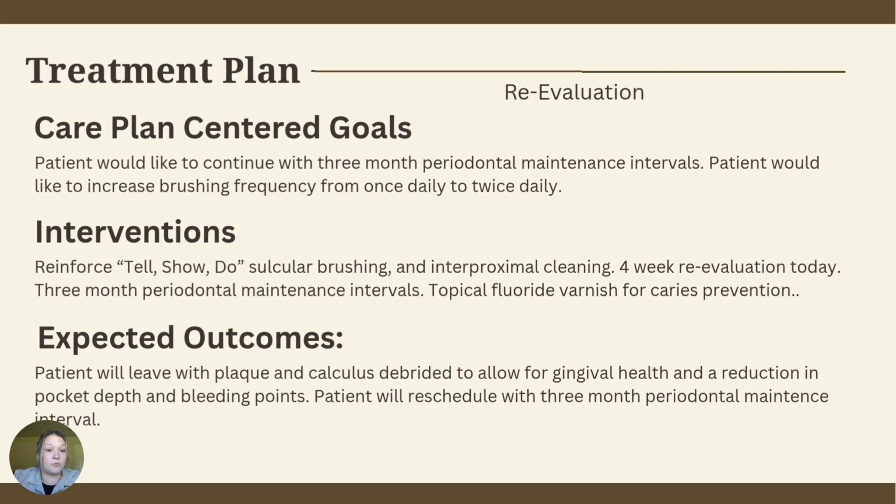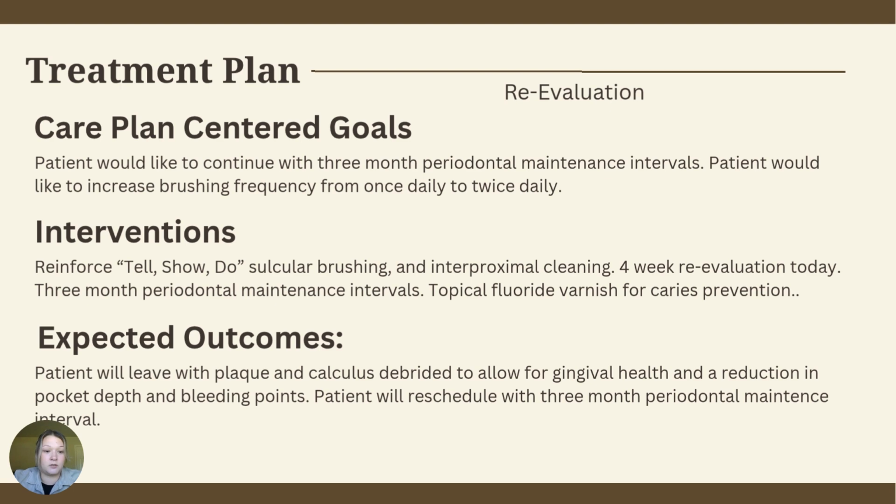Our goals this time were to continue with a consistent 3-month periodontal maintenance interval and to increase his brushing frequency, because that's something that he hadn't increased at home. He went from not flossing or using any interproximal cleaning to now using them, but he did not increase his frequency of brushing to twice a day.